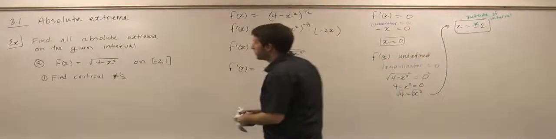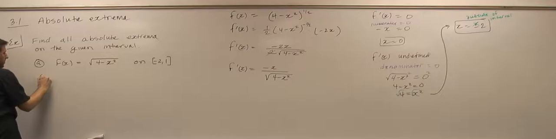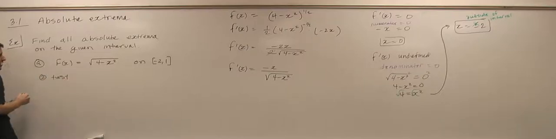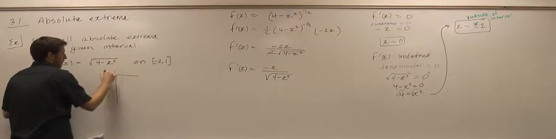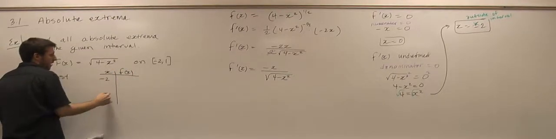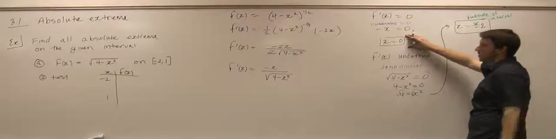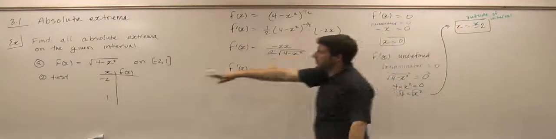So compare your critical numbers to your endpoints. Test. So I know -2 is an endpoint, I know 1's an endpoint, and then the only critical number in between is 0, because I already have -2 on my chart.